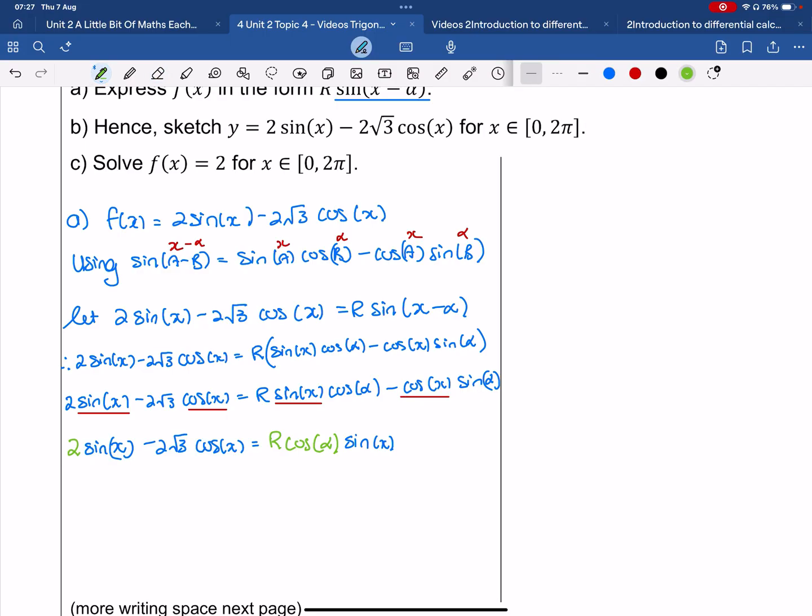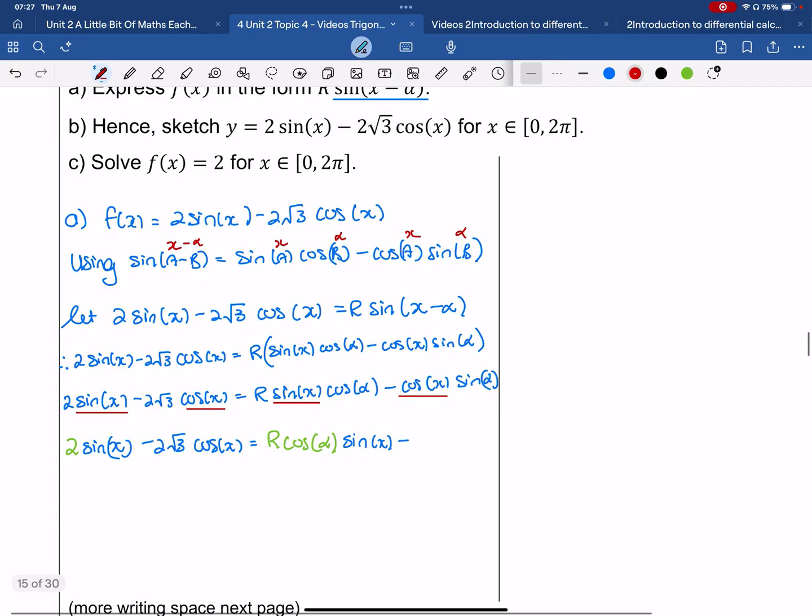So 2 sine of x, r cos of alpha sine of x, minus, and I'm going to have a different color, maybe red, r sine of alpha, and maybe I want to put this negative 2 root 3 cos of x.